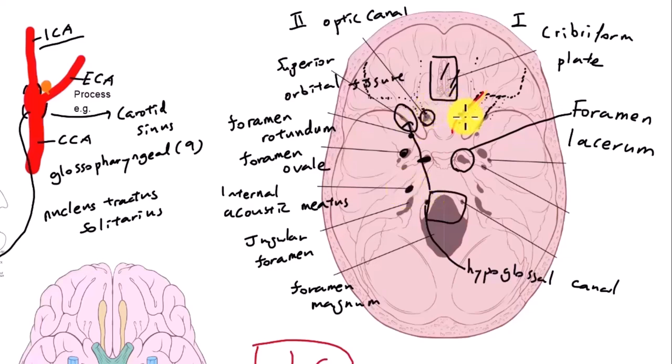Like I mentioned though, about here on the side of the sella turcica lies the cavernous sinus. Right after internal carotid artery exits the foramen lacerum and comes out, it meets with the cavernous sinus right on the sides of the sella turcica.